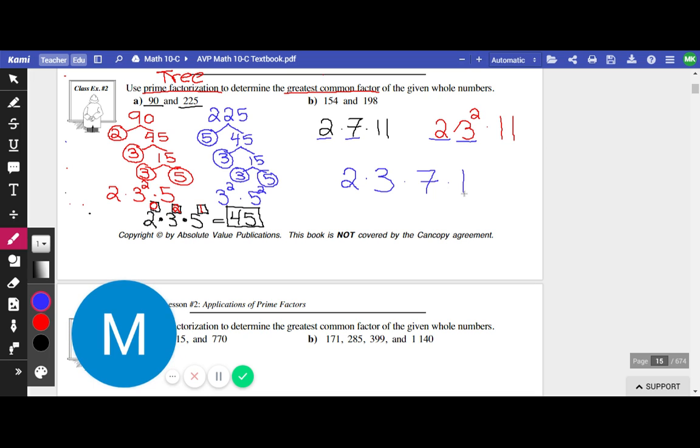And I used the number 11. Those are the numbers I used. You then have to pick exponents for each one of these numbers. For greatest common factor, you want to choose the lowest exponent.